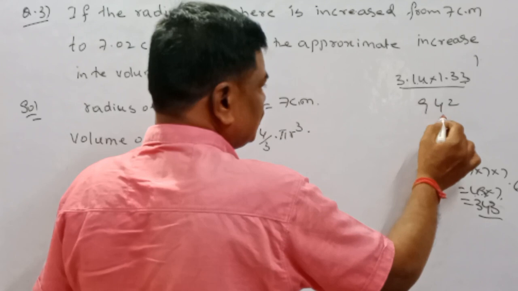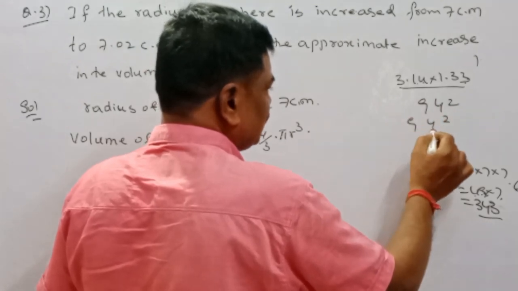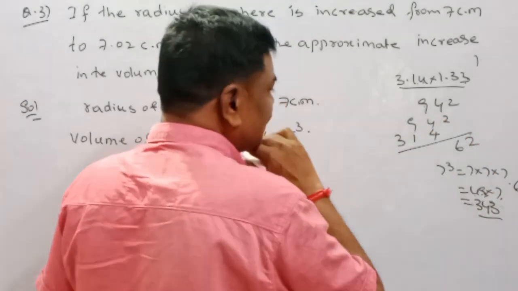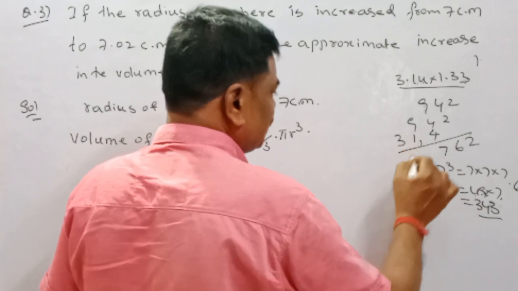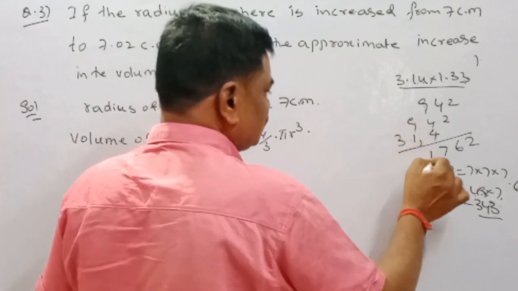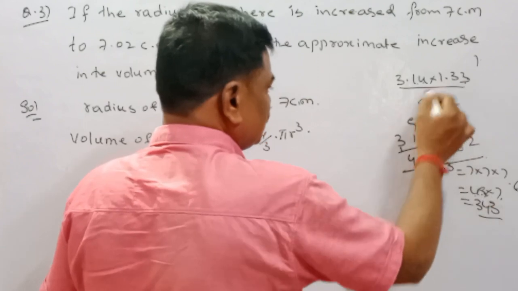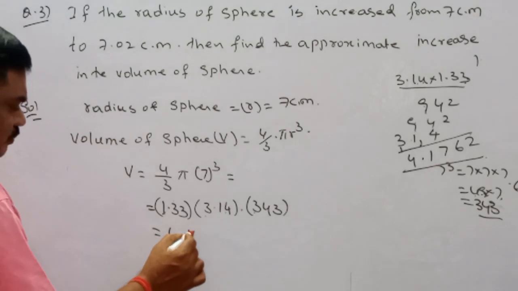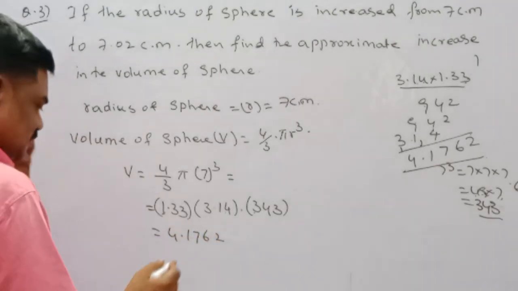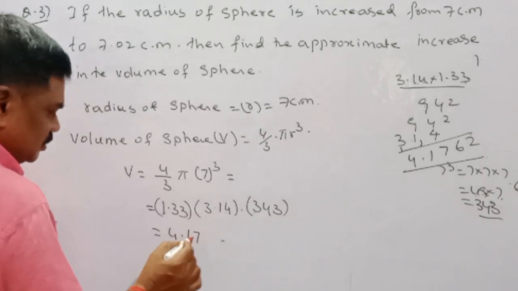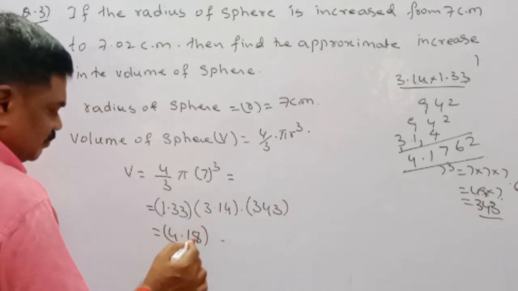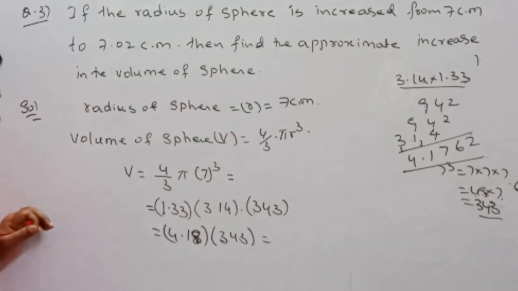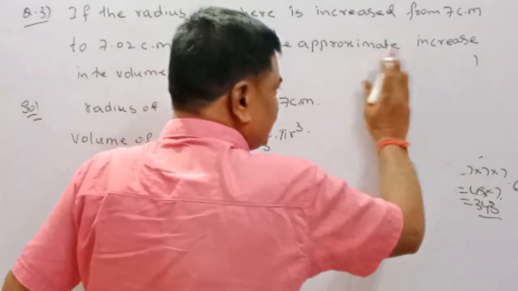So this is 4.1762. You can adjust to 2 digits, this is 4.18. So 4.18 into 343 is the value.